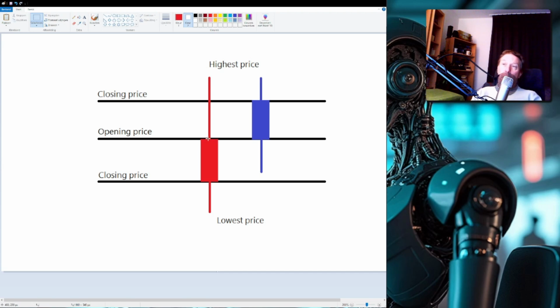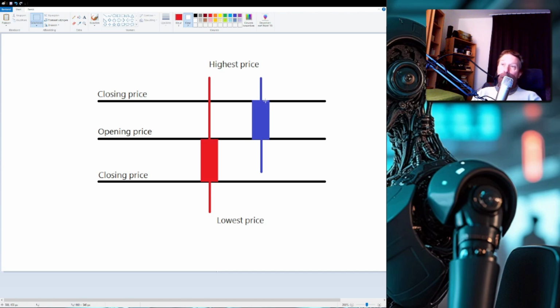The starting point is always the opening price. Where did it start? It's the opening price, right here. When the price went down during your time period, during that hour, then the closing price will be right here and the candle will be red. If the price went up higher than the opening price, then you will have a blue or a green candle.